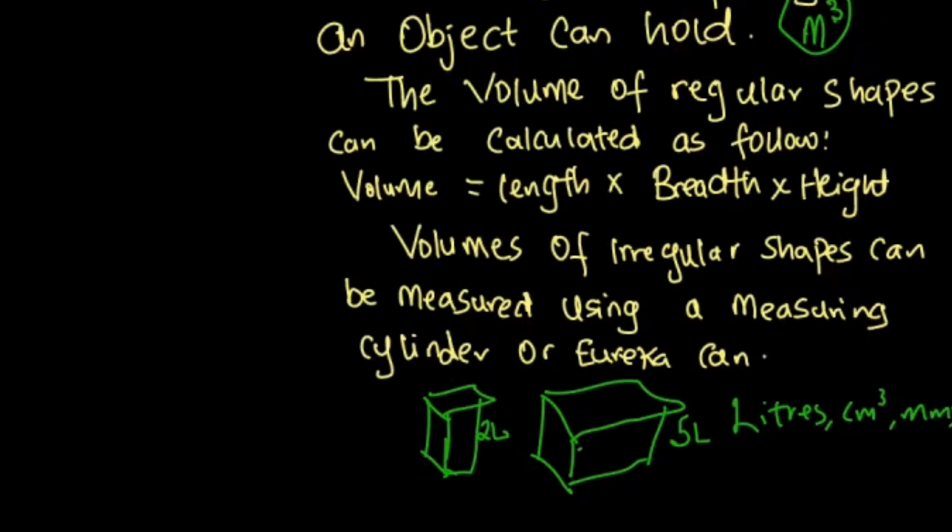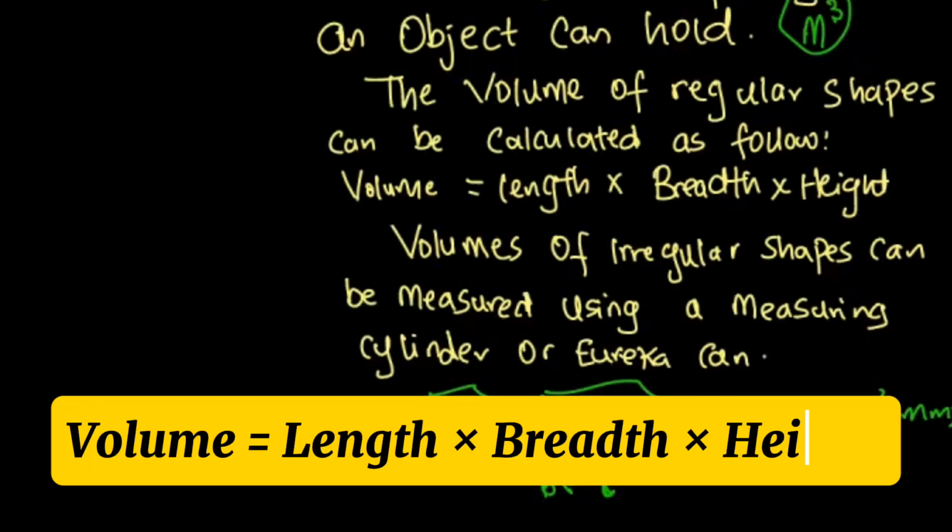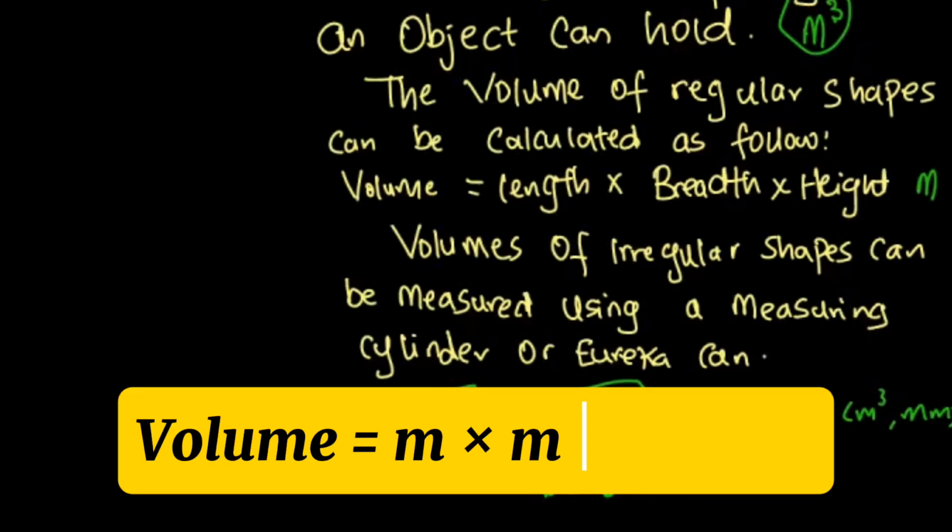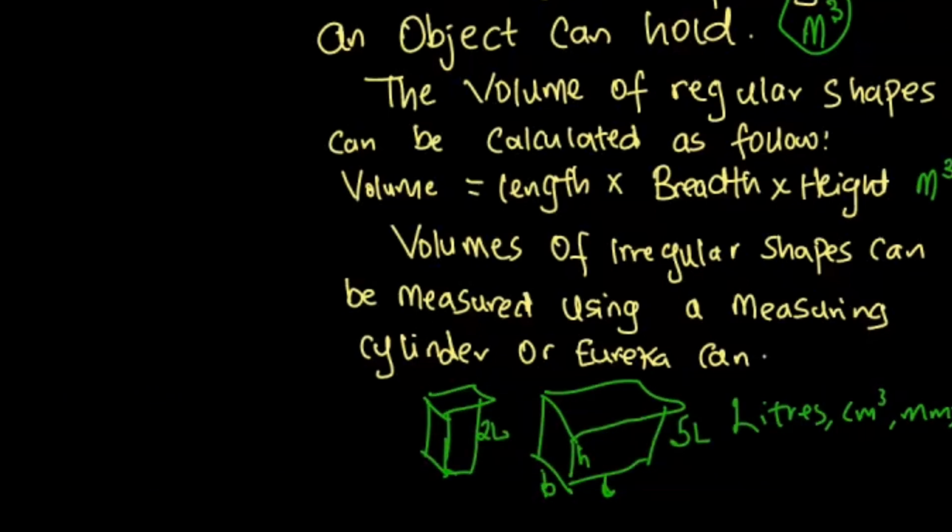A regular shape is simply a shape where we know the length, the breadth, and the height. So something like this, we know the length of this object, we can tell the breadth, and we can tell the height. For a regular shape like this, we can calculate the volume as length times breadth times height, bringing our unit to meter cube if each of the sides is measured in meter.